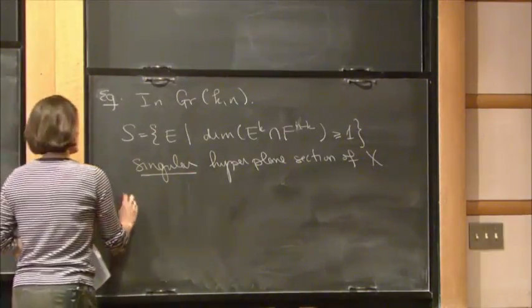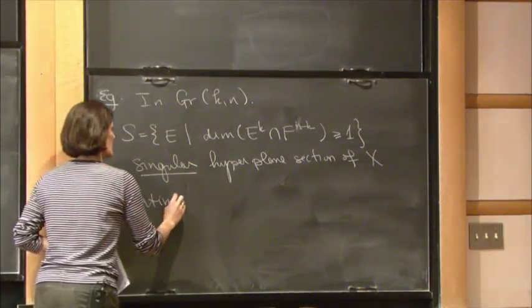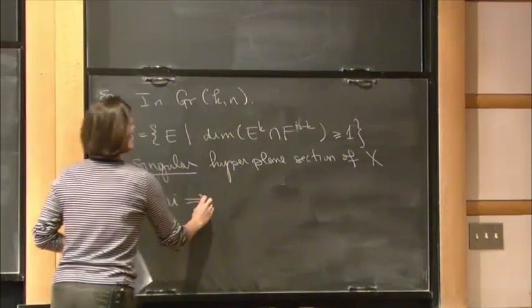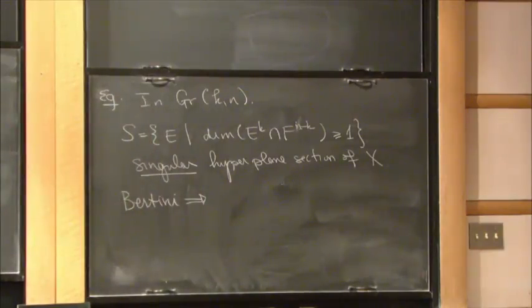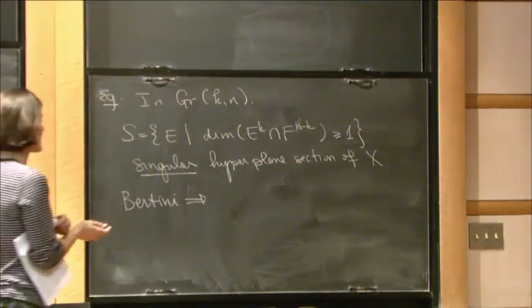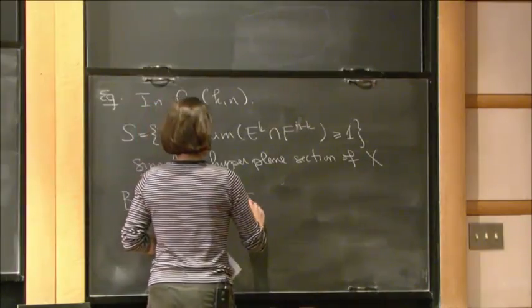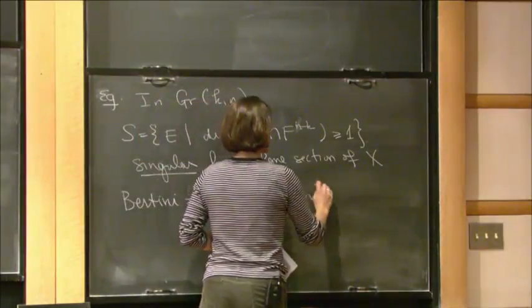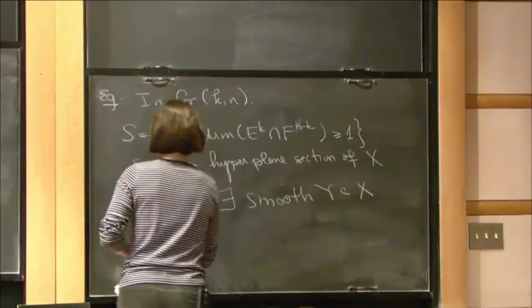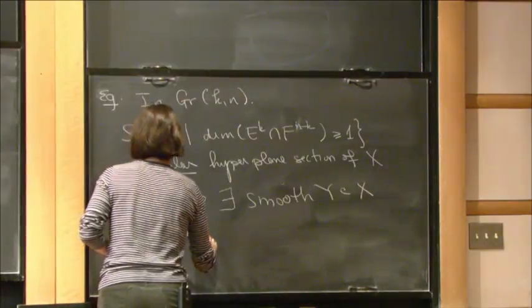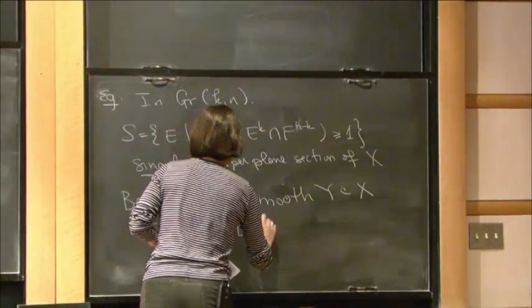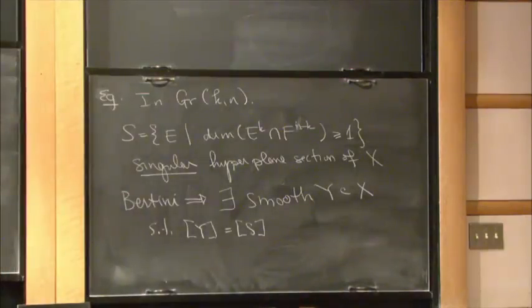And Bertini's theorem tells me that if I take that hyperplane and jiggle it a little bit, I get a smooth intersection, and that will be a smooth algebraic representative of the class. Now, since the Schubert variety itself is singular, that's clearly a distinct algebraic representative.